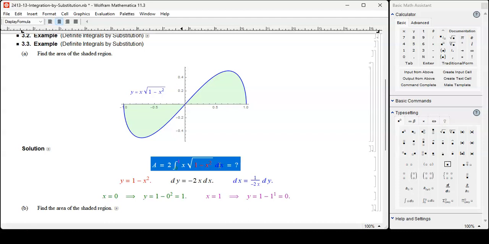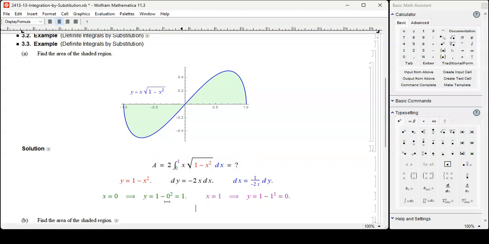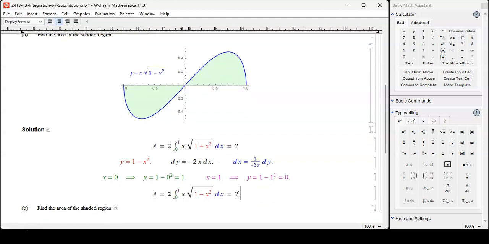Let's calculate this integral. So x is going from 0 to 1. y is going from 1 to 0. And this is my y, and this times 1 over -2x dy.